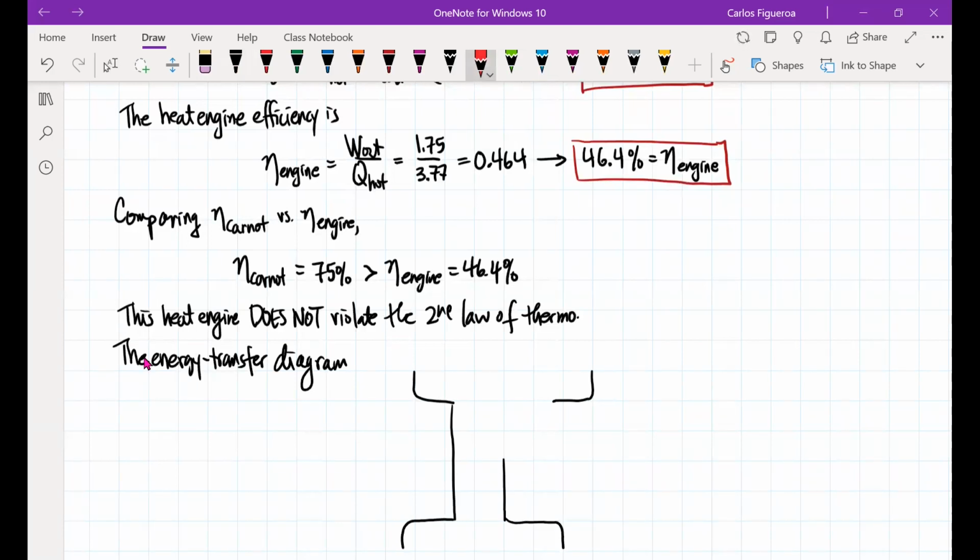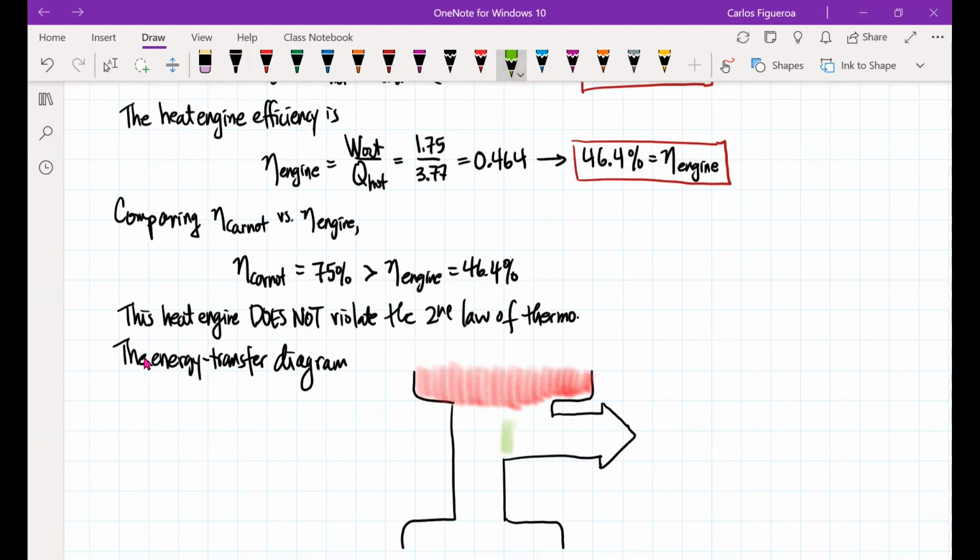So in other words, this is what I'm saying. Here's my hot reservoir. And when you're looking at this, you could see here that this guy is about 2 squares thick. So half of the energy goes into work and half of it goes into the cold reservoir.